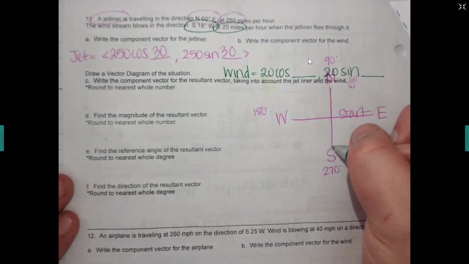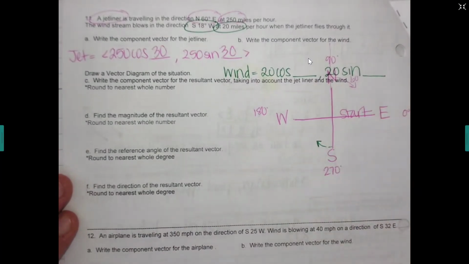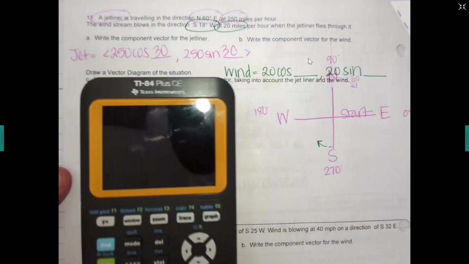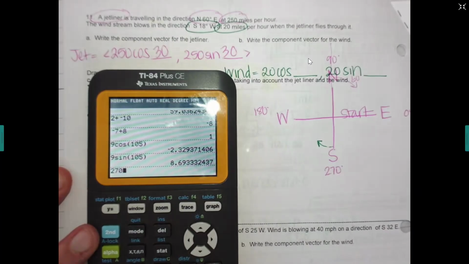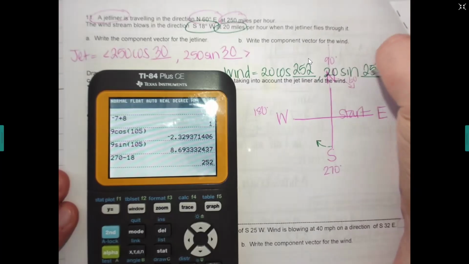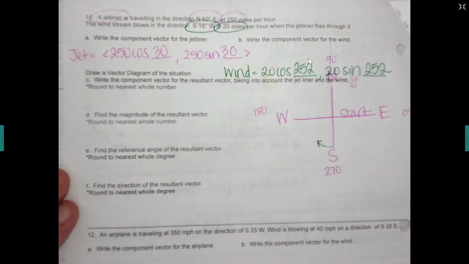So if south is 270 and I'm tilting to the west, do I add it or subtract it if I have to measure this way? Subtract it. So 270, take away 18 degrees. That gives me a 252.